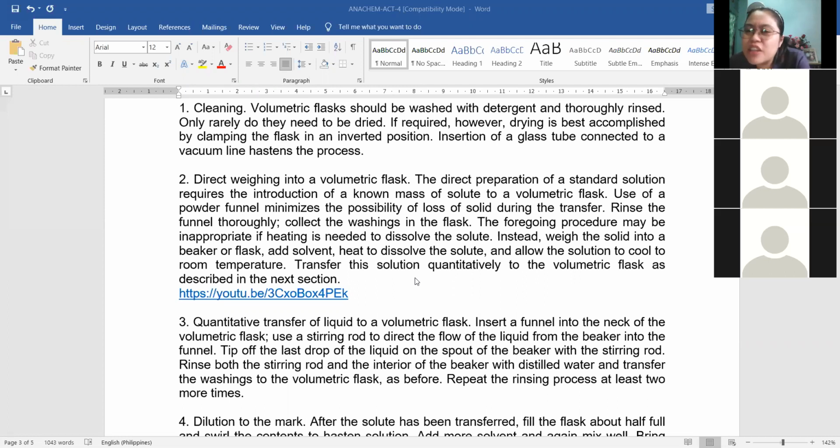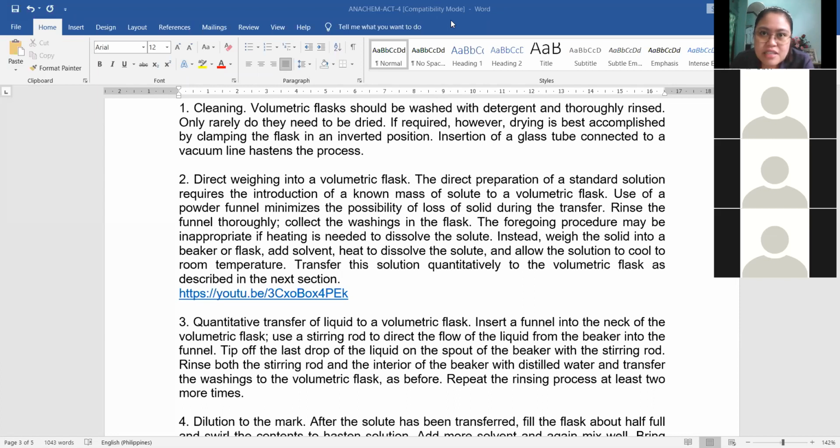Pero hindi kasi ito most of the time ginagawa na mag-direct weighing tayo sa flask. So most of the time, we do the dissolving na part sa iba na apparatus like beaker or Erlenmeyer flask, and then ita-transfer na lang natin siya sa volumetric flask.